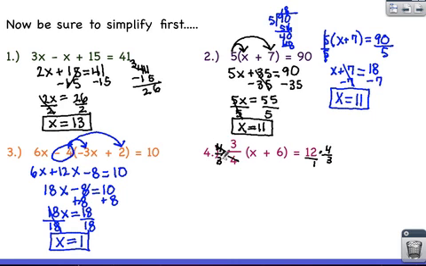These cancel, so we're left with x plus 6, and I can also cross-reduce the 12 and 3 to get 1 and 4, and that gives us 16. Now I can subtract 6 from both sides and get that x equals 10.